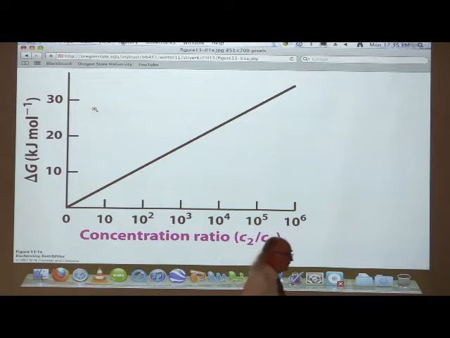Okay? So if I try to move, let's say, sodium across a membrane, the concentration of sodium on each side of the membrane will be a factor in the energy I will need to move it. All right? Well, that sort of makes sense.